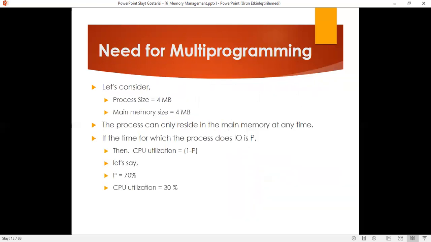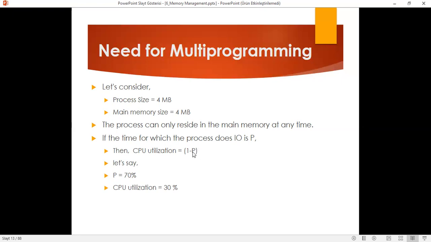Like this one, let's say my process size is 4 megabytes. I have a 4 megabyte process and I have 4 megabytes of memory. So CPU utilization is actually 1 minus p, and we take the power of how many processes we have.